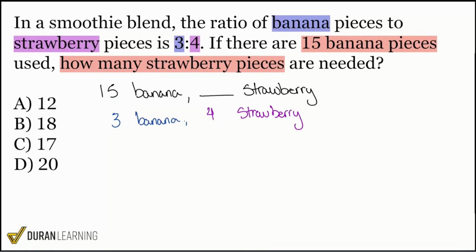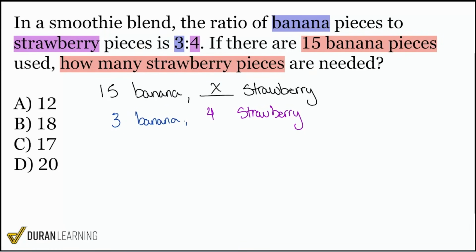So with that, let's go ahead and keep it going here because we have the comparison here. We are comparing bananas to strawberries, bananas to strawberries. We are now able to write down our proportion. And don't worry, even though what we're looking for is over here on the right side, don't worry at all.